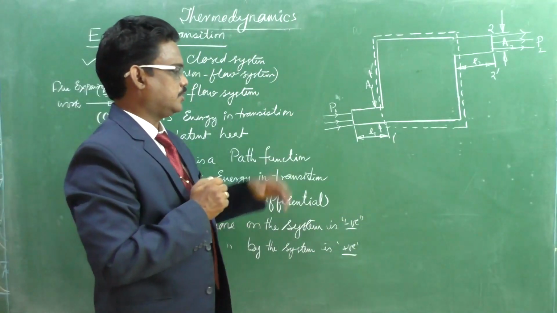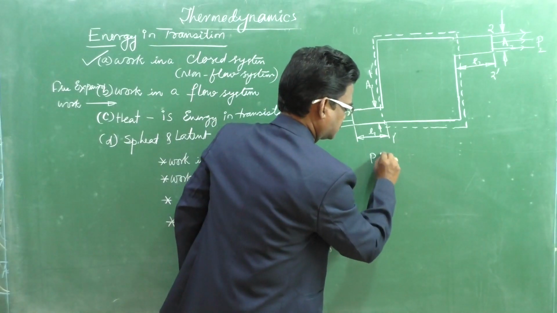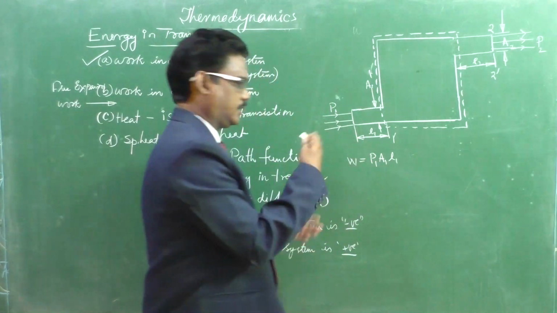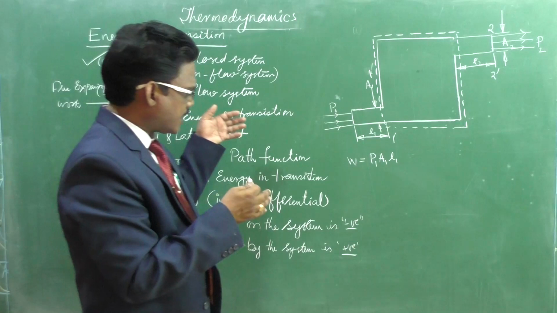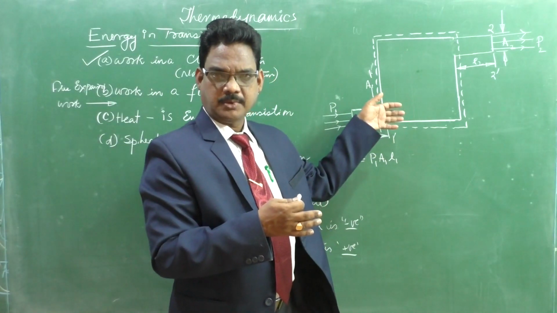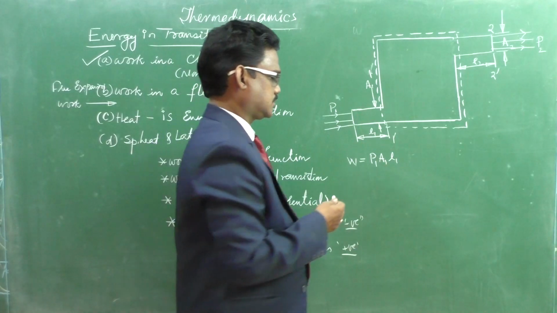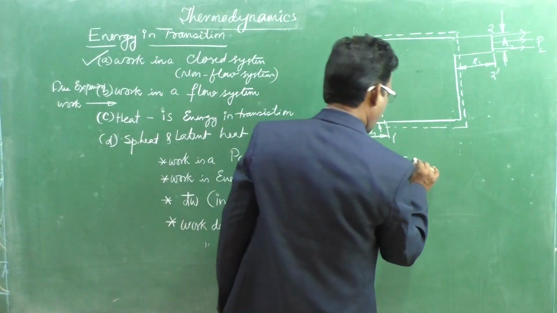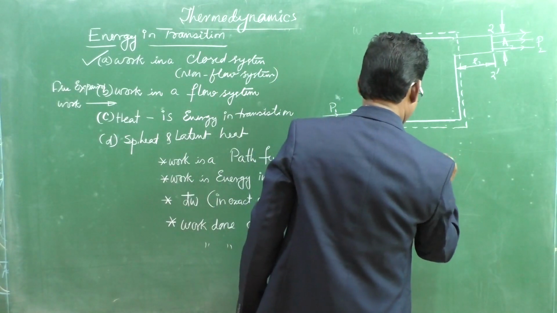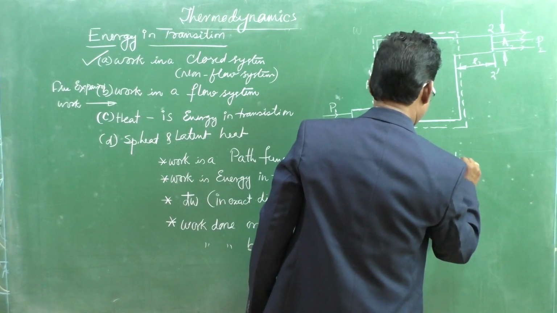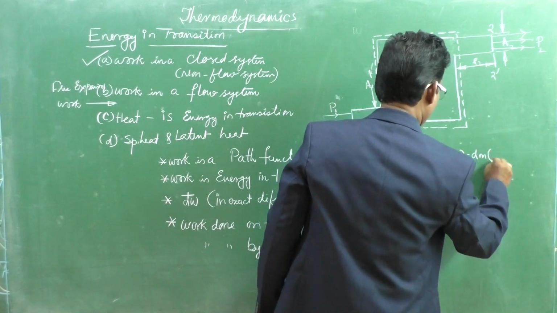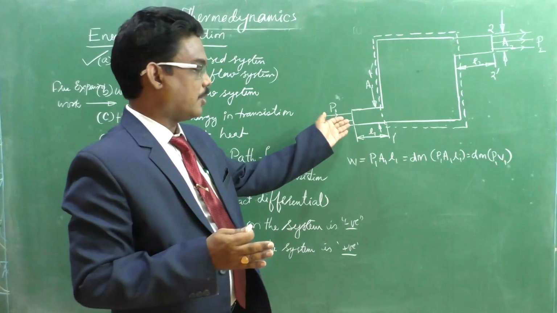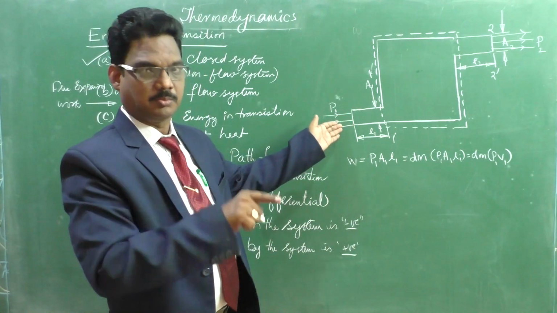Therefore P1 A1 is the force, and with L1, this is the work required to enter into the system. If you consider a small mass dm, then dm into P1 A1 L1, or dm into P1 V1, is the work required at the inlet boundary.